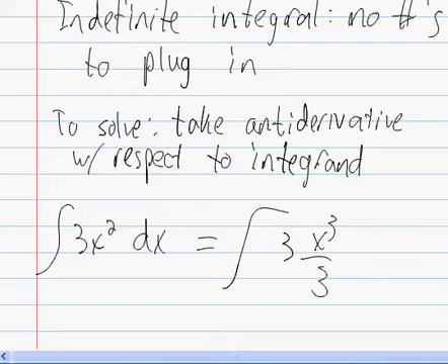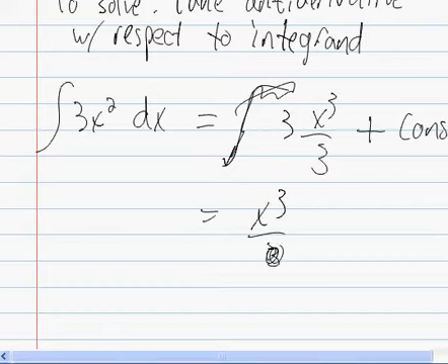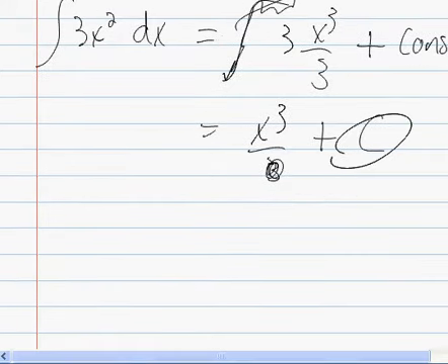So that's the same as before, but we're going to add a constant. I'll explain why. It's just x cubed plus c. The reason that we have this constant here is because let's say that originally it had a number, say we had x cubed plus 7 as our function.